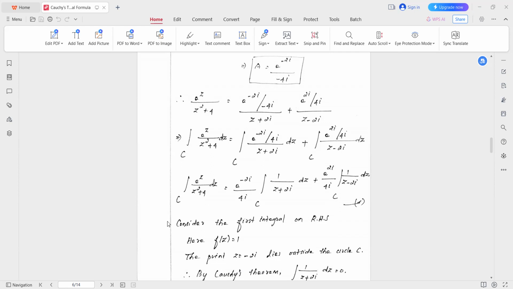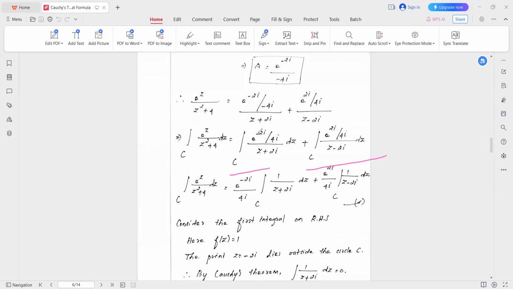So next, what do we have to do? We have to take the integral on both sides. So the integral over C of e^z / (z² + 4) dz is equal to the integral over C of e^(−2i)/(−4i) times 1/(z + 2i) dz plus this one and this one.